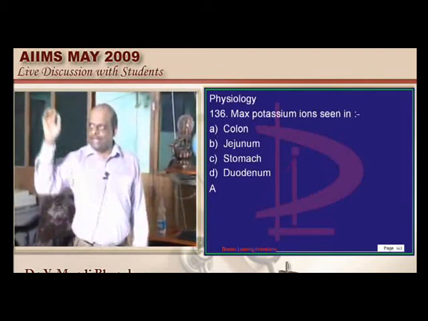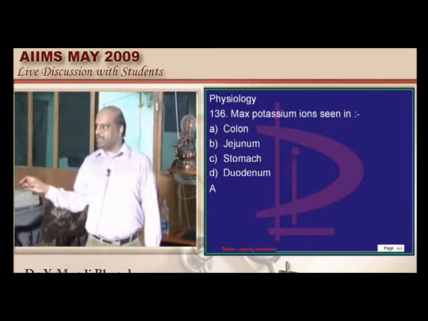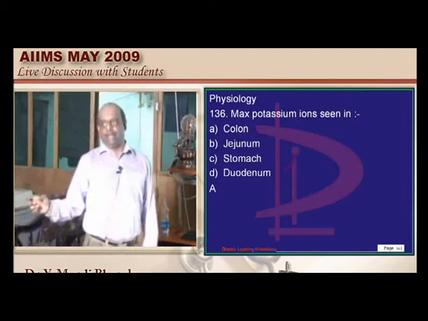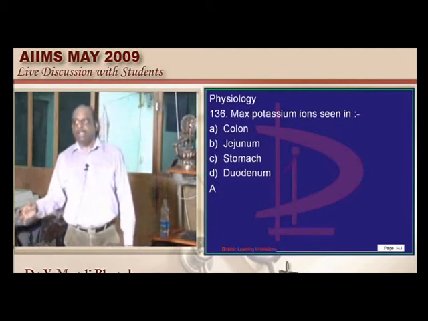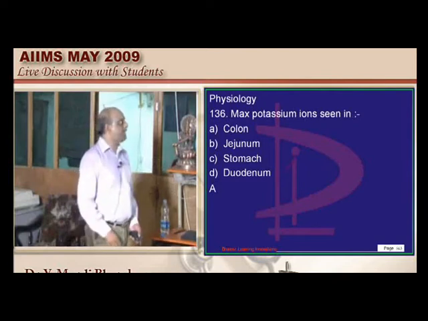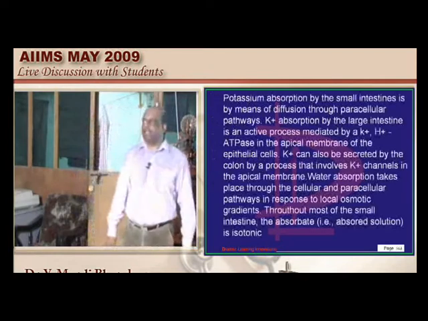But I didn't get a direct reference of exact concentration values of potassium in various places. Because the colon is the only place where it is actively secreted rather than only being absorbed, probably that could be the place of maximum concentration. I am not sure.